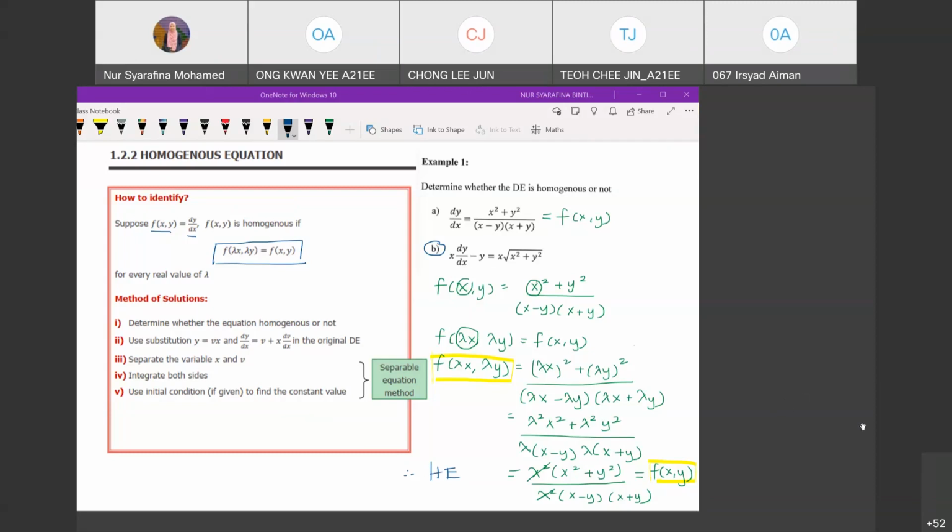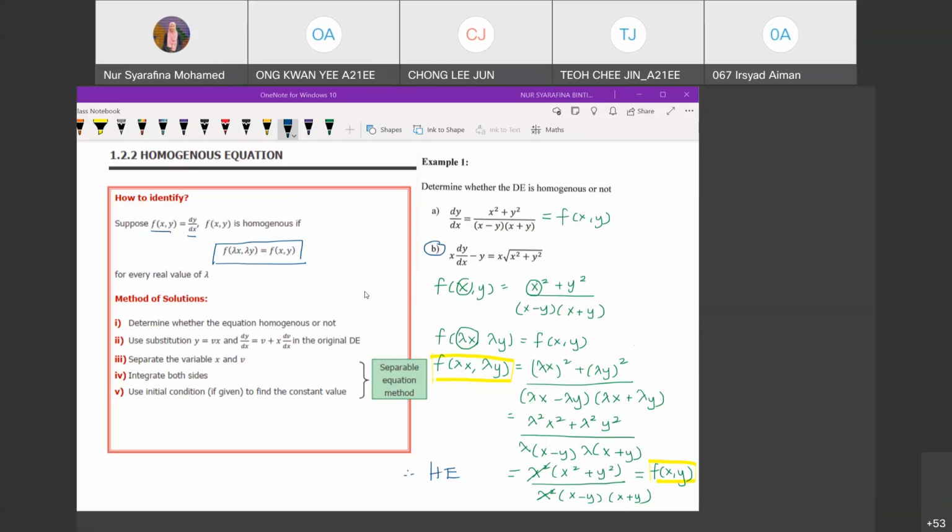I think you can do it. So can we just proceed? Yes. All right, so that is how we identify the homogeneous differential equation.